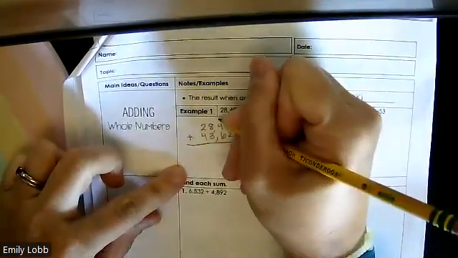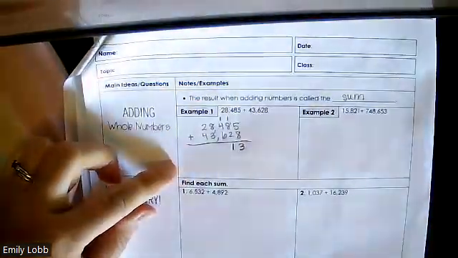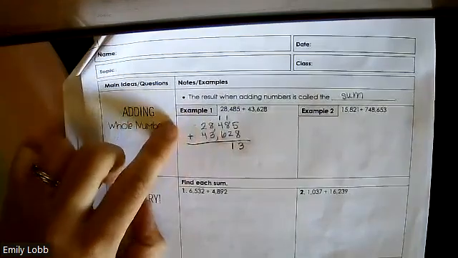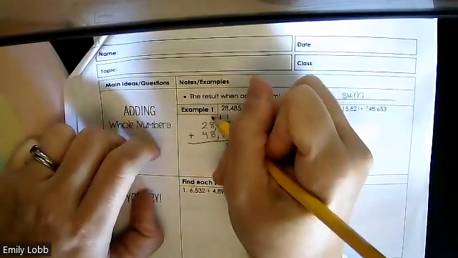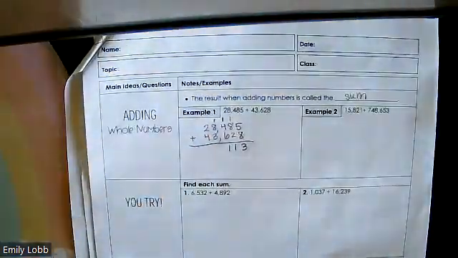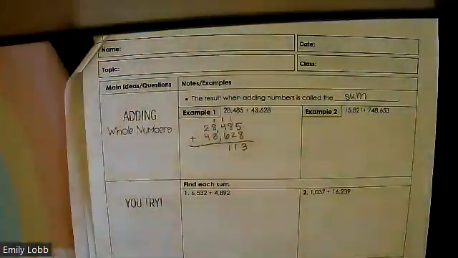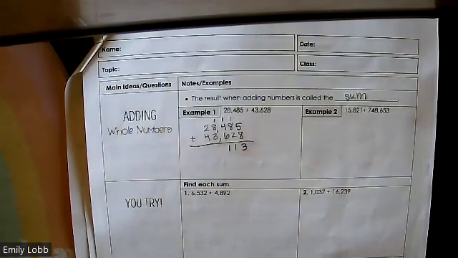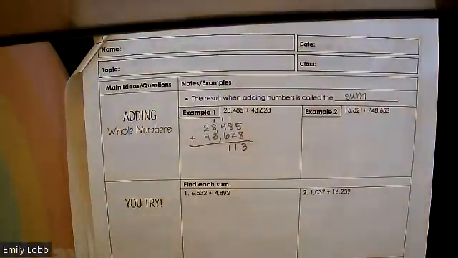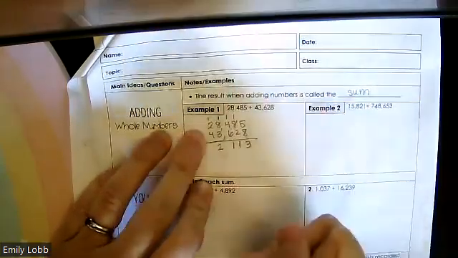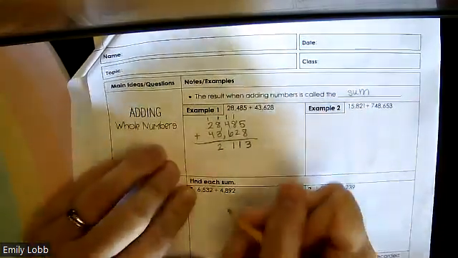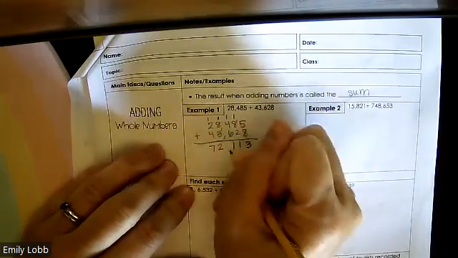So I would bring my 1 down and carry the 1 over, and then I have another 10. 6 and 4 is 10, plus that 1 makes another 11. I'm carrying the 1. 8 and 3 is actually 11, plus that 1 that we carried over makes 12. And then 4 and 2 is 6, plus that 1 makes 7.